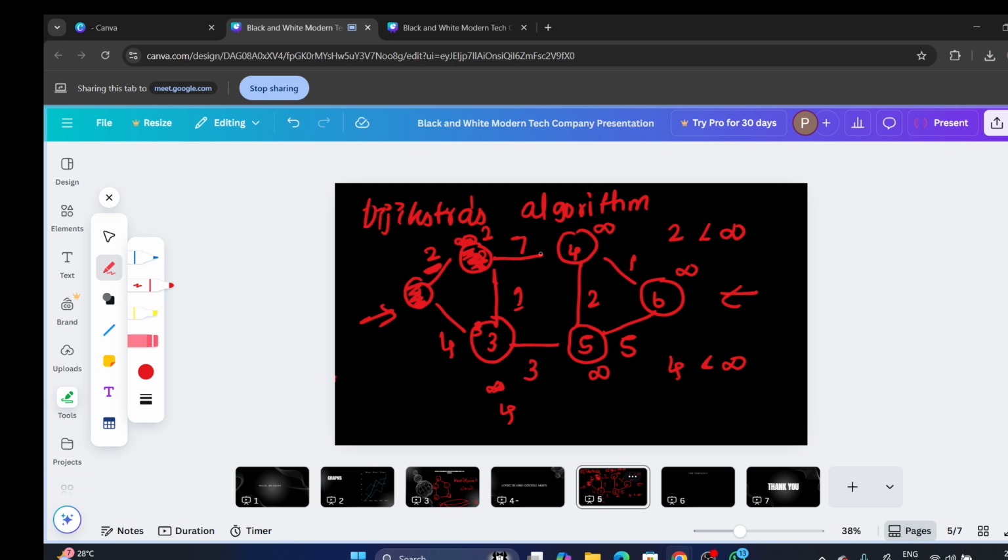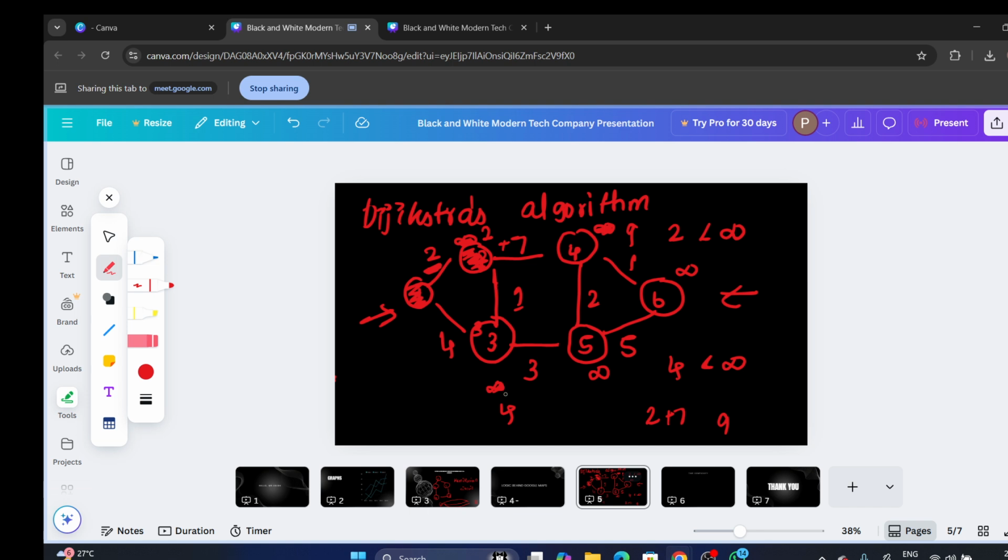Now you will update everything from 2. Now from 2 you can go to 4. Now you will add up these two, which is 2 plus 7, your 9. So 9 is less than infinity, so we'll update this infinity to 9. Now from 2 you can go to the third vertex with a distance of 1.